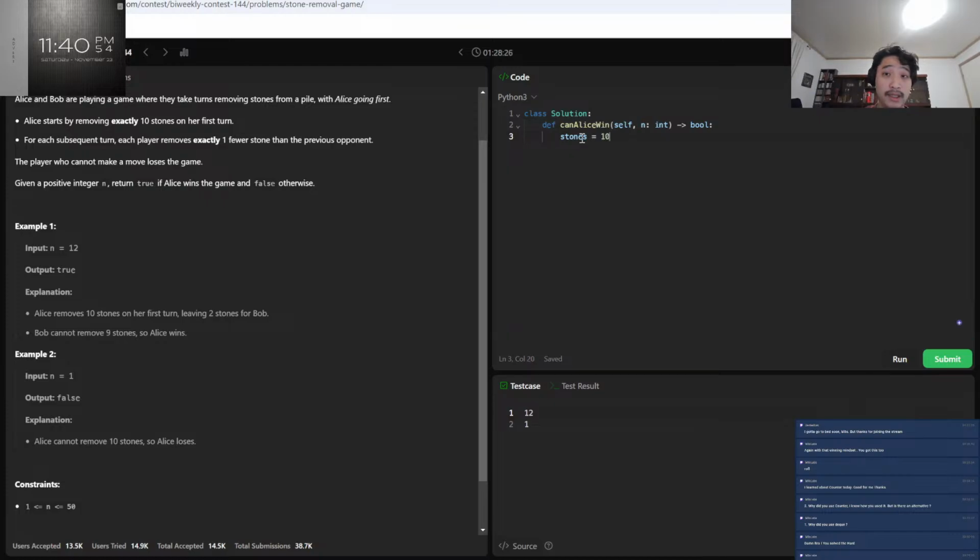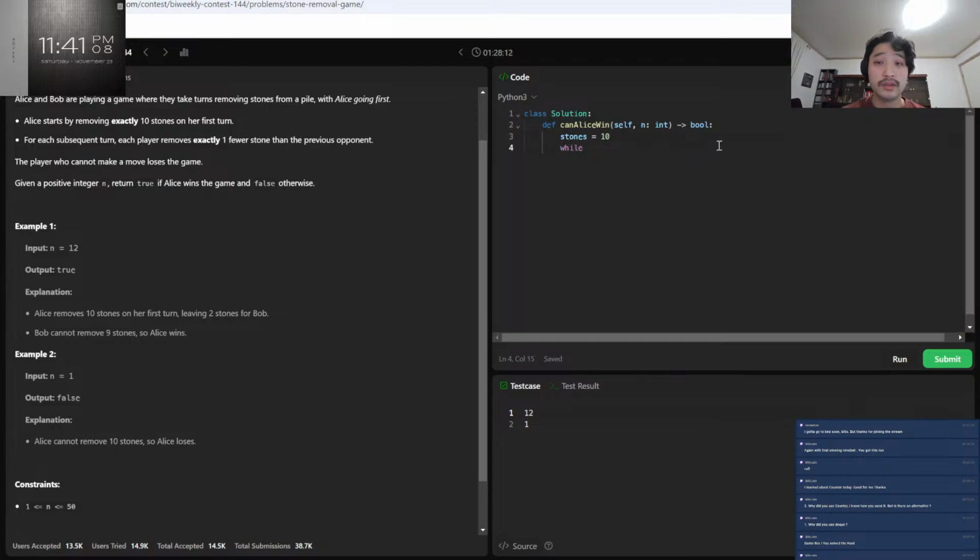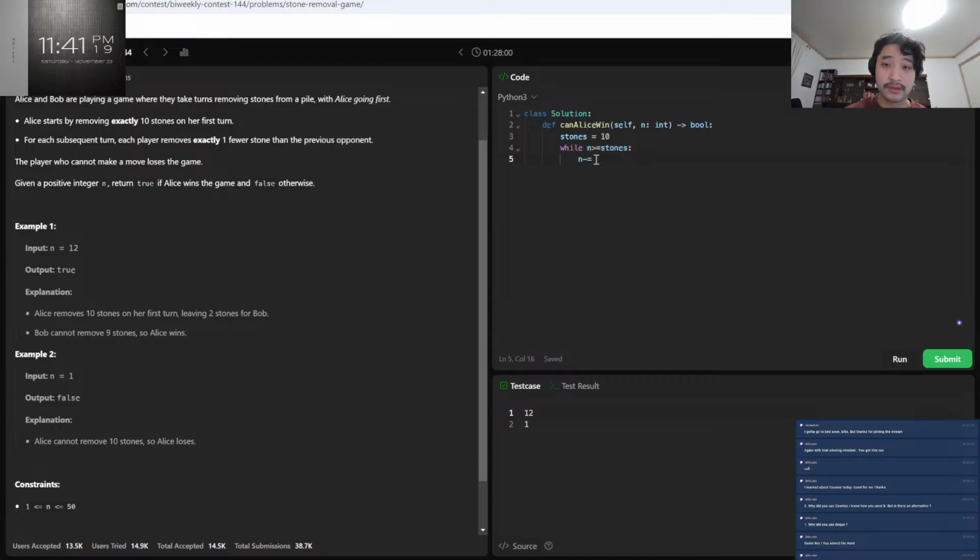Stones equals 10. So while n is larger or equal to stones, n minus equals, so on the first turn.